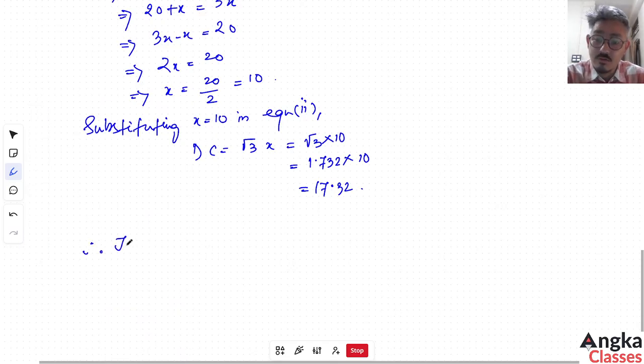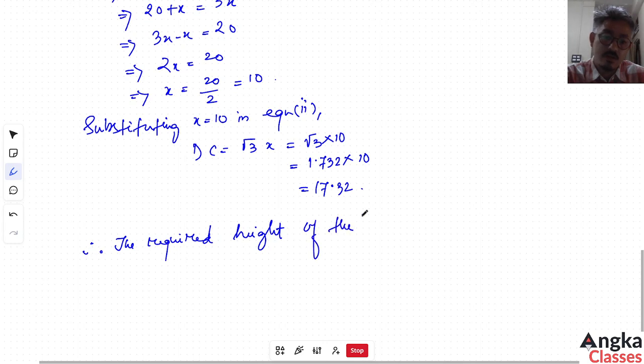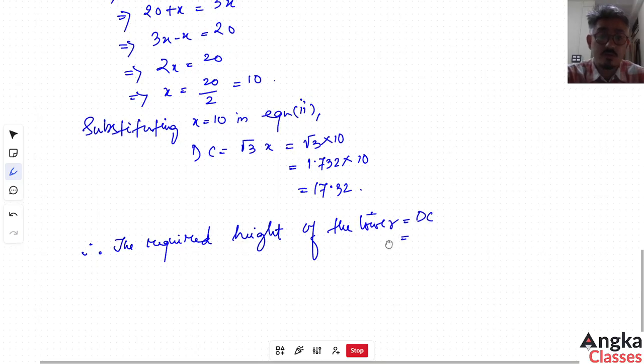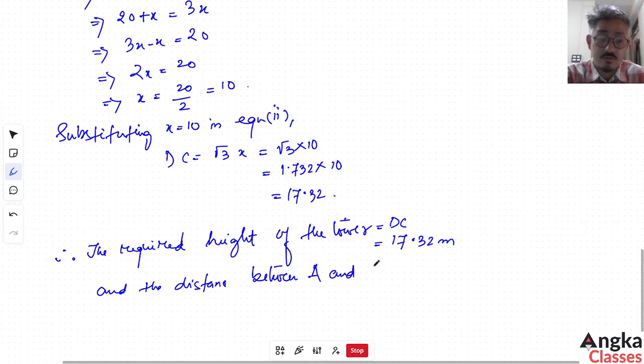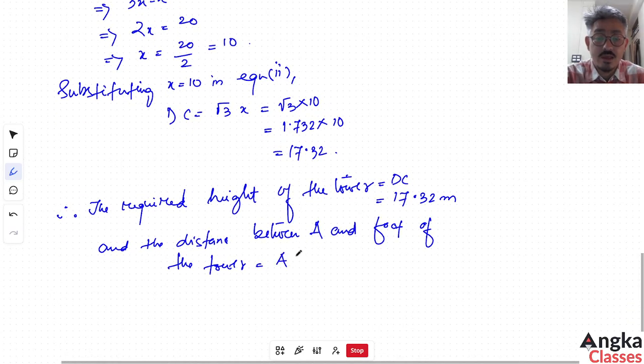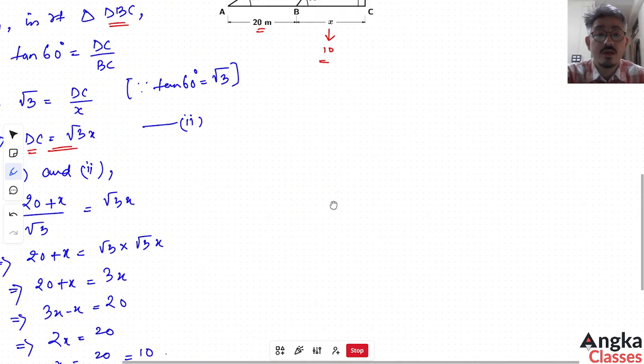Therefore the required height of the tower is equal to DC or CD, which is equal to 17.32 meter, and the distance between A and foot of the tower is equal to AD or AC.